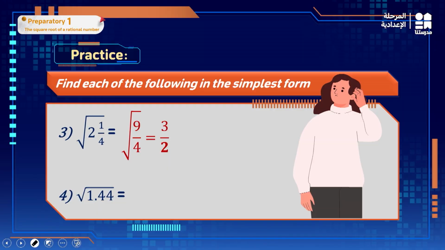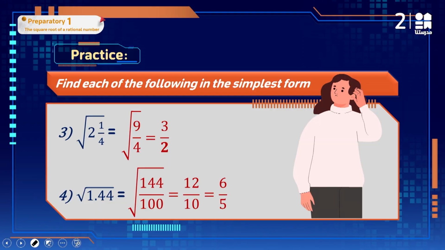For number 4, we are going to rewrite this decimal as a fraction. So 144 over 100. The square root of 144 is 12, and the square root of 100 is 10. Then divide by 2 up and down, and you will get 6 over 5.